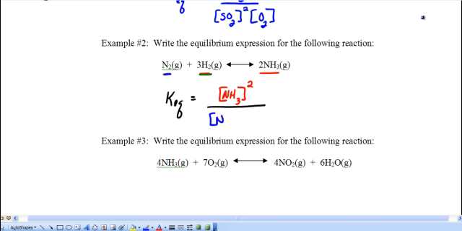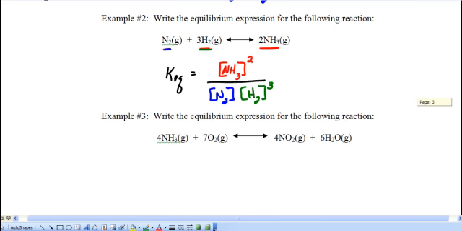So that's the nitrogen raised to the first power, but of course you leave that off, and then the hydrogen concentration raised to its coefficient's power, so it's going to be a 3. So there you go. There's the law of mass action, or the equilibrium expression for that particular equation.